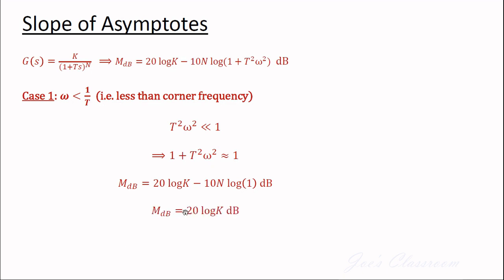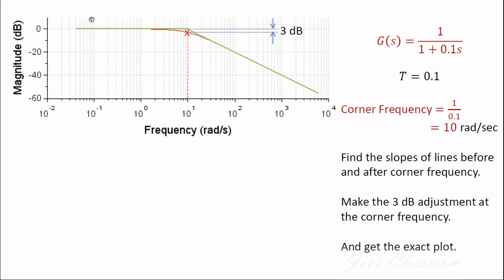And therefore, for frequencies lower than the corner frequency, the magnitude plot is going to be a straight line at 20 log k. So we got the magnitude of this line. This magnitude has to be 20 log k. Here the value of k is 1 and therefore we got it as 0 decibels.